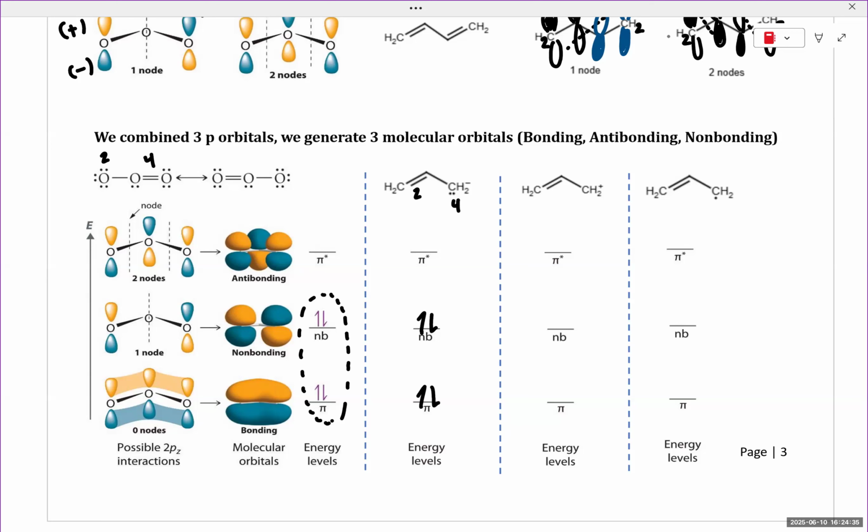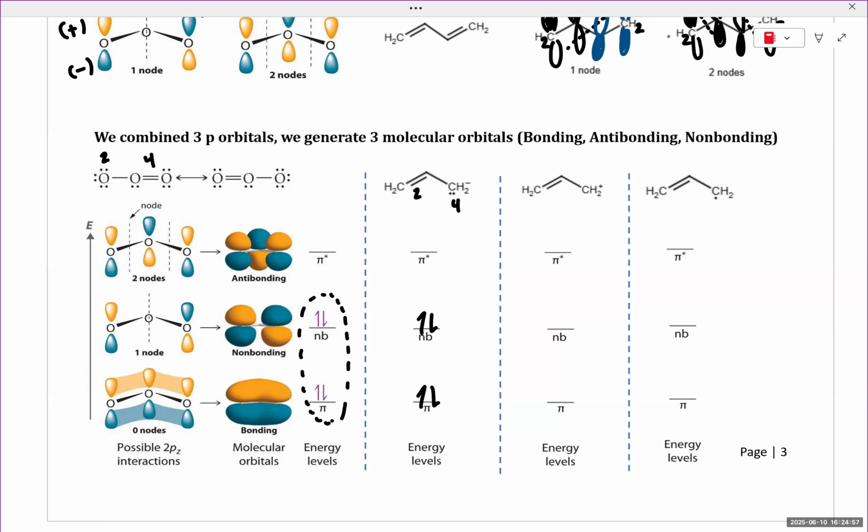The way that we can interpret this in a more physical sense is by looking at this allyl anion. You typically see electron density in non-bonding molecular orbitals when you're dealing with these kinds of conjugated anions.